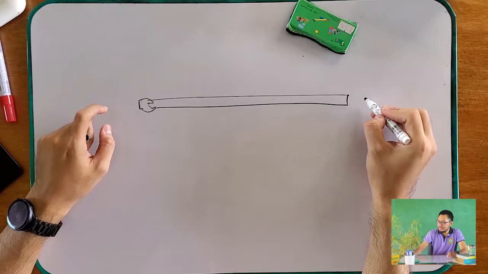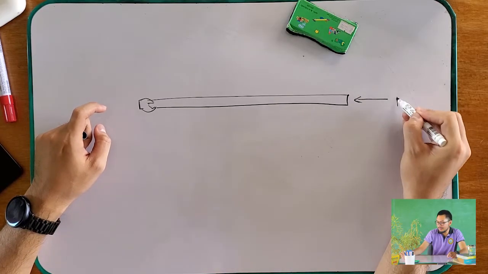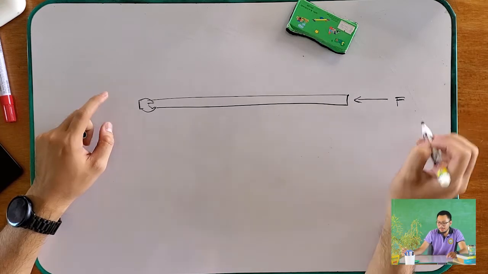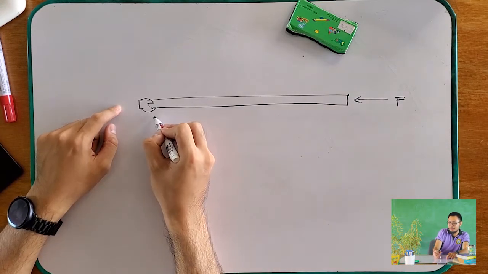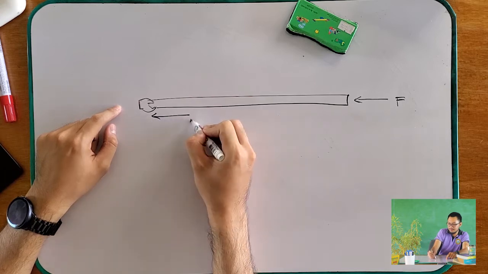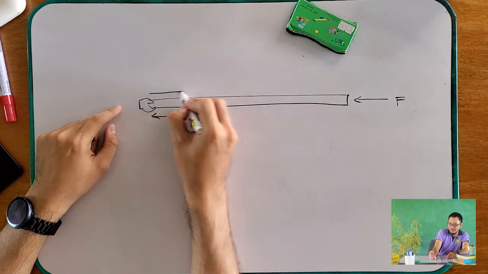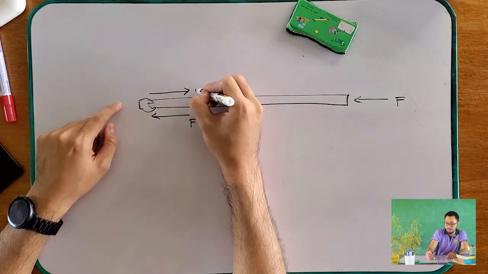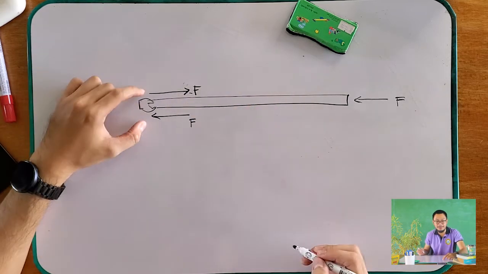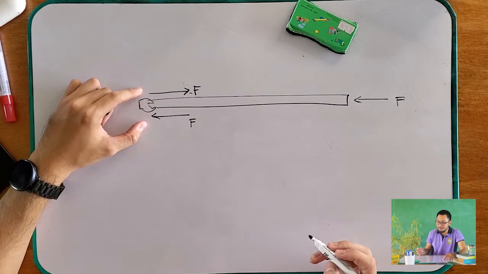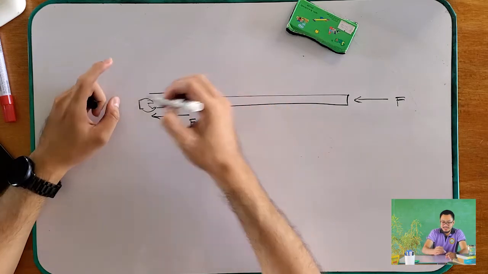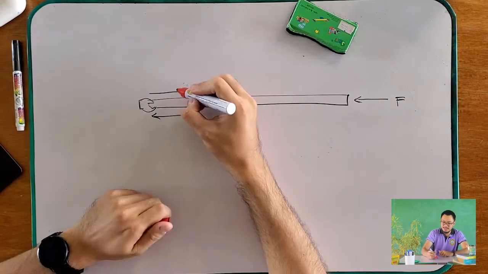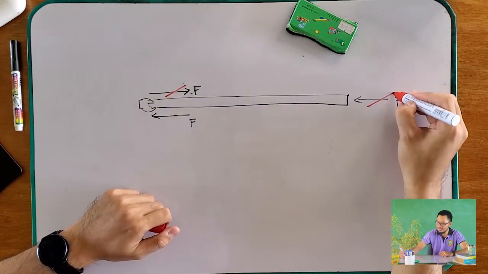Why? Because I placed a force, and I also placed another force here, of the same magnitude, forming a couple there. So what happens? We can easily cancel this one and this one.